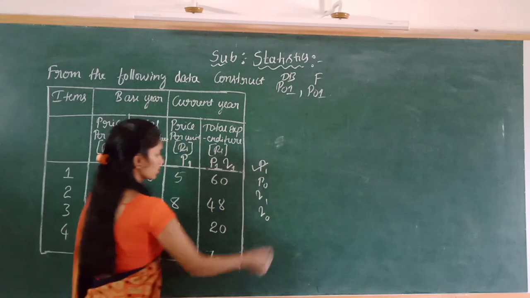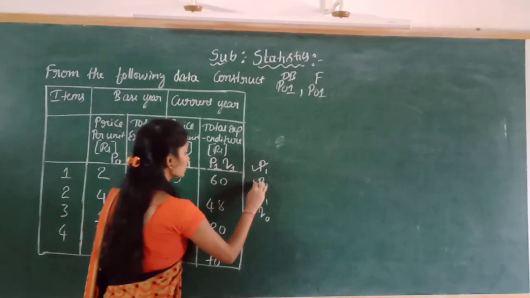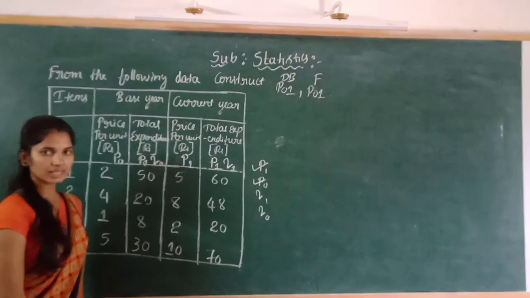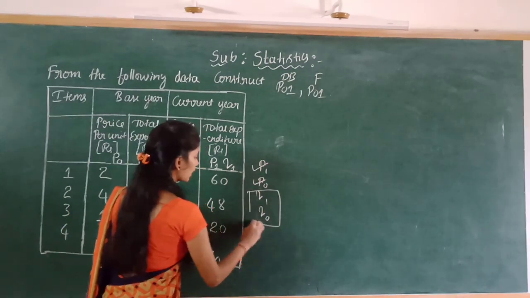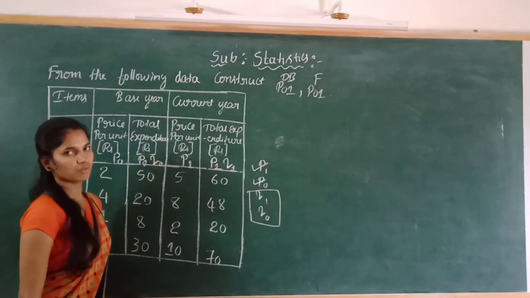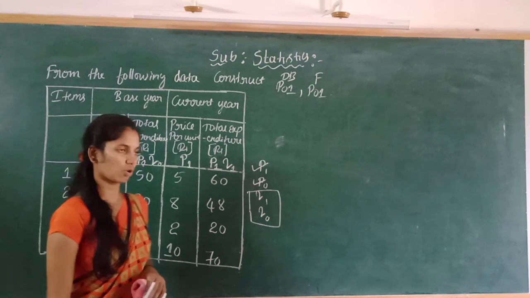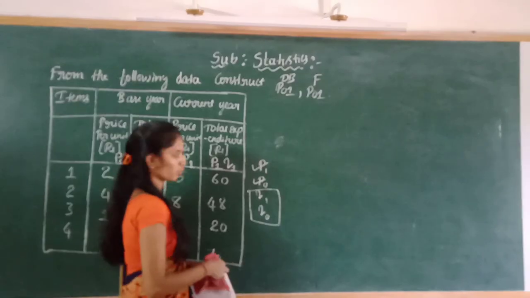Next we have P0 values. Next Q1, Q0. See here in the question, did they give the Q1, Q0 values? No. So you have to calculate Q1, Q0 values. After that you have to calculate the other 4 values.